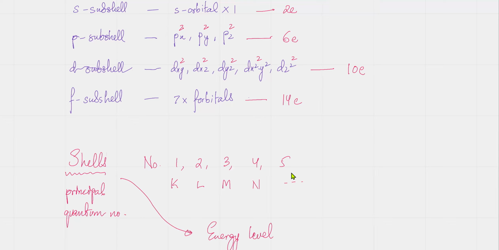So as the shell numbers grow, that simply means that the electron is becoming more and more energetic, or we can also refer to it as the principal quantum number. If the principal quantum number is higher, the electron is more energetic. If it is low, it is less energetic. So always remember, the shell is not a physical thing. It just represents the energy of the electron. How energetic is the electron?